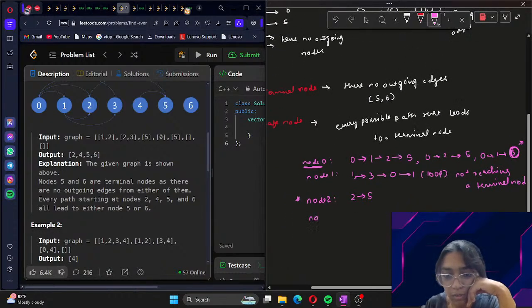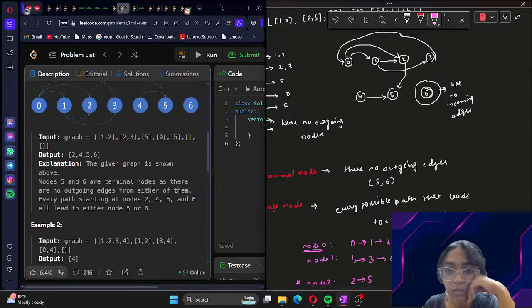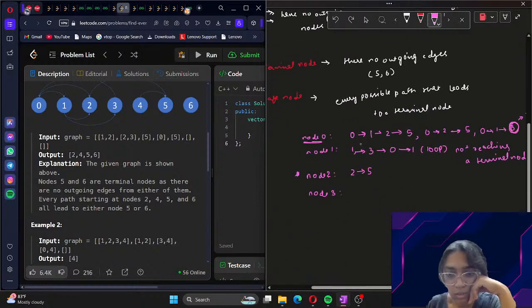Now coming to node 3. Node 3 has only one outgoing path and it goes to 0. So 3 to 0, not a safe state.